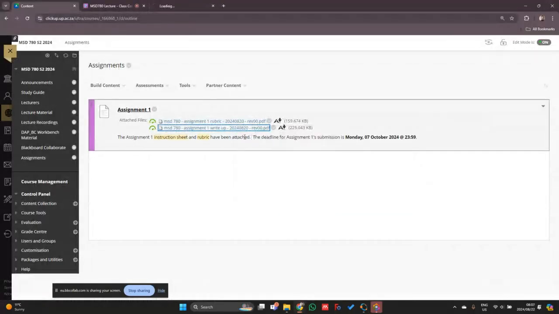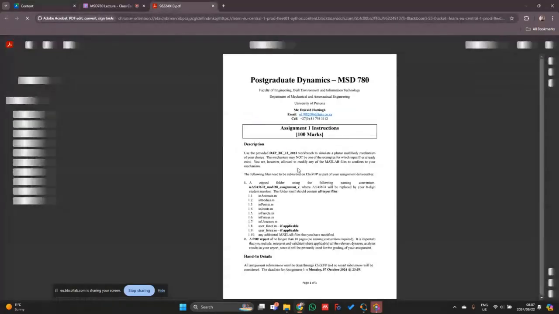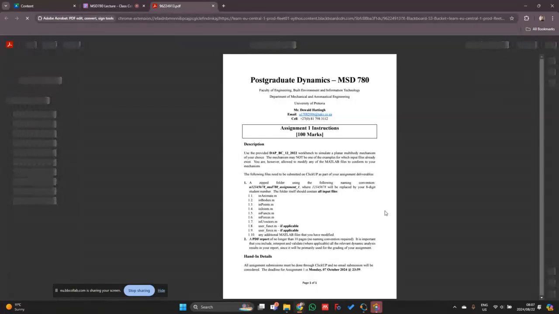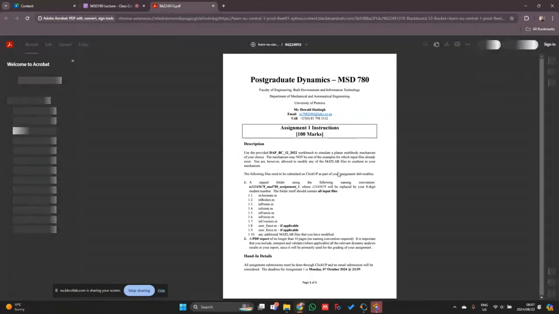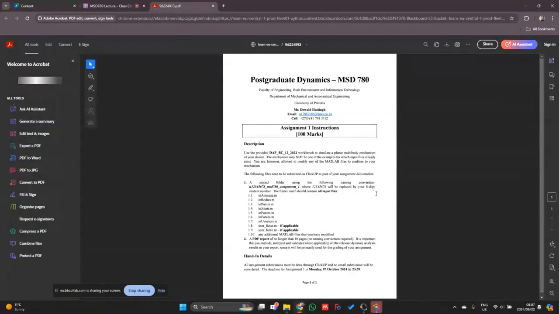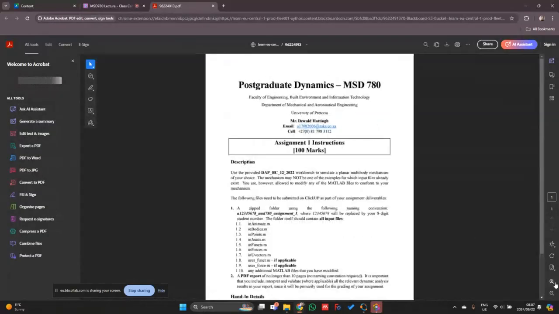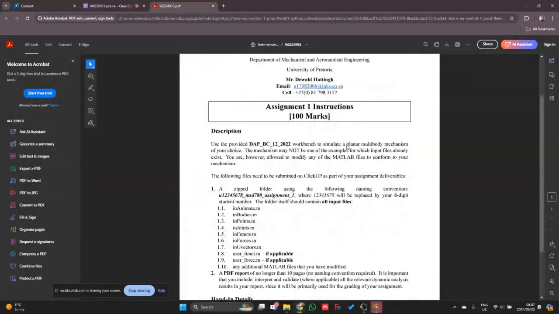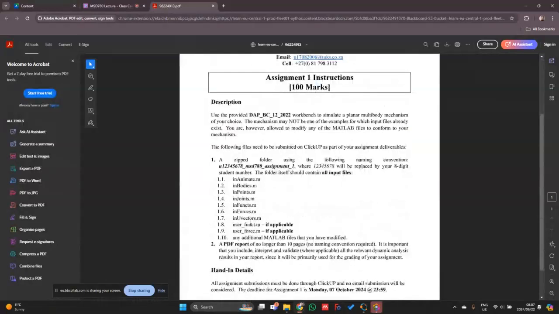you'll see I posted both the assignment 1 write-up and the rubric as well. For the assignment, it's fairly straightforward. The idea is just that you have to go and construct your own complex multi-body mechanism. And you'll see the files that we want you to submit are all of the input files. And if you use the userfunct.m file or the userforce.m file, you can also submit that and any additional MATLAB files.